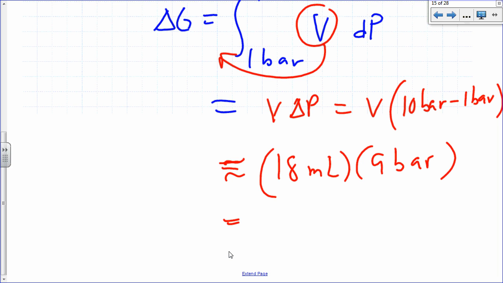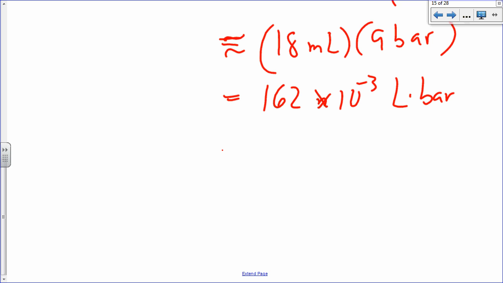What's 18 times 9? 162 times 10 to the negative 3 liter bar. What's a liter bar in joules? A liter bar is 100 joules.